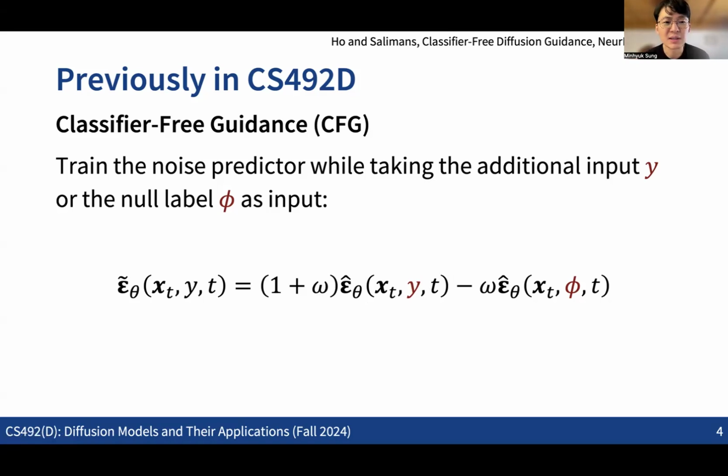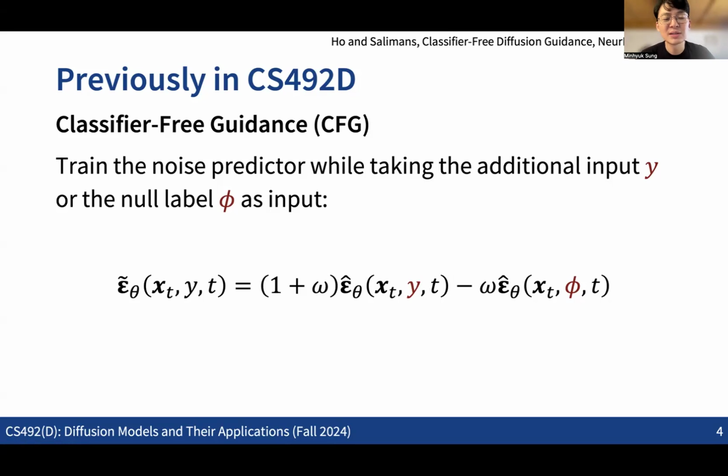The interesting thing was that this idea can now be applied not only for class labels but for many other cases, whether the input is a text description, other images, or even audio. We could consider using this simple idea of utilizing CFG, classifier-free guidance.